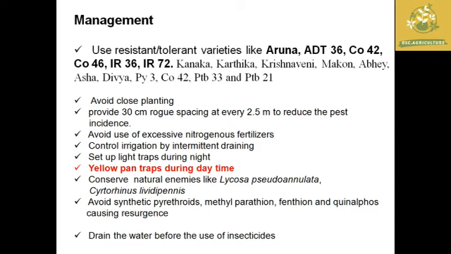We must also avoid synthetic pyrethroids, Malathion, Parathion, Methyl parathion and Quinalphos, because they cause resurgence, which makes the pest produce more. Draining the water before use of insecticides is also effective for the management of BPH.